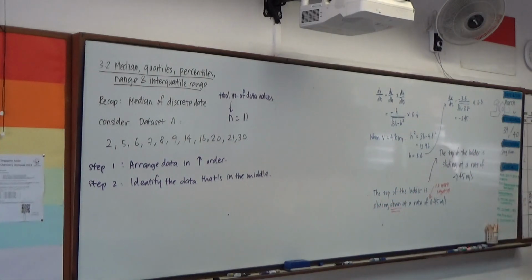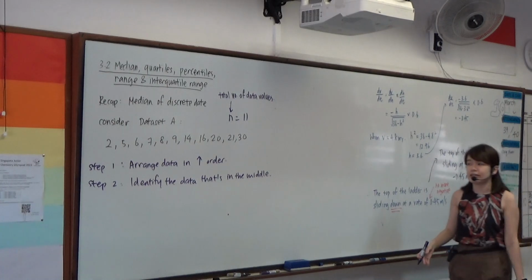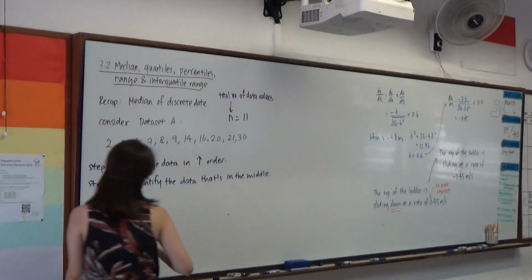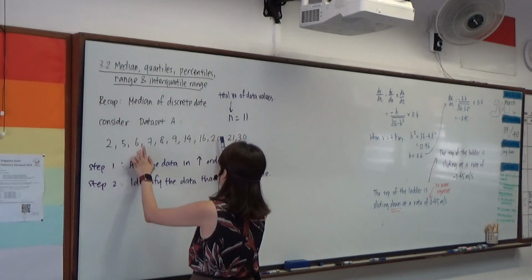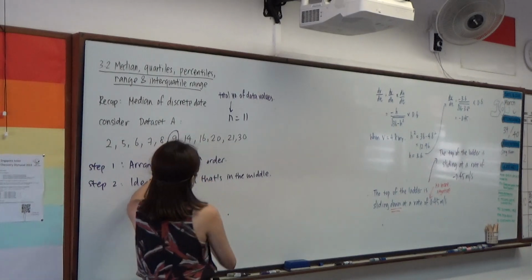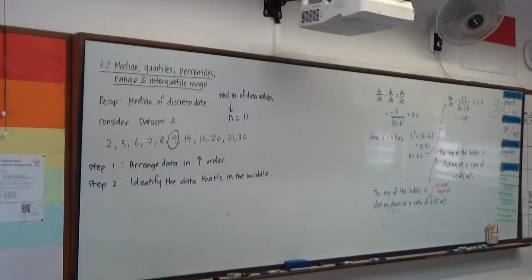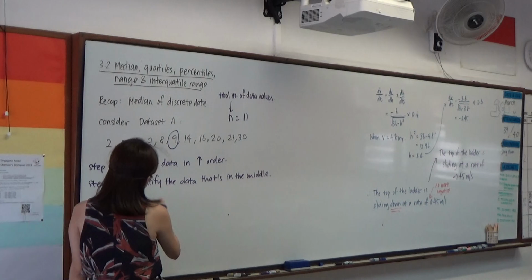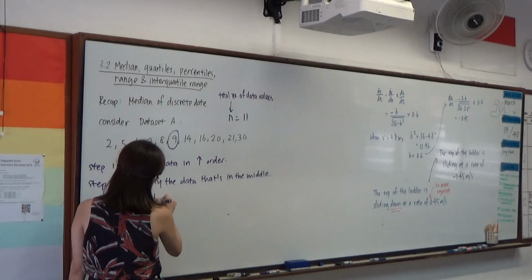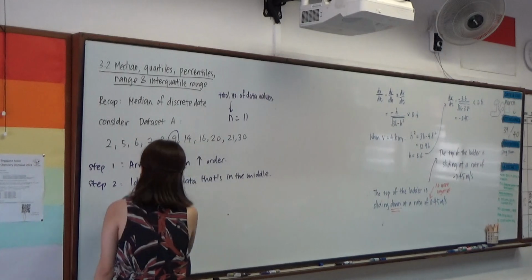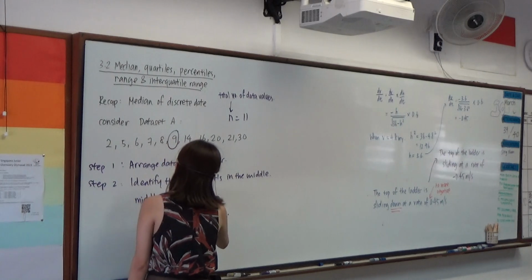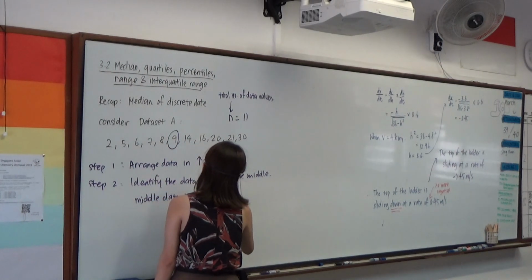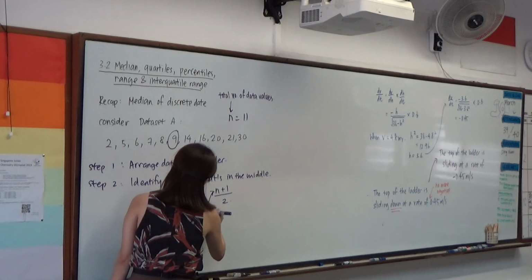With this being an odd number, it is easy to identify the one that is right in the center. You can count from the back, making sure that they are even on both sides, and we see that 9 is actually right at the center. Of course, if you want a foolproof formula, the middle data can be found as (n plus 1) over 2, whereby n must be odd.